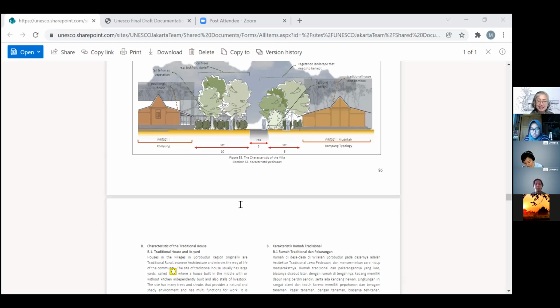So the house we have to explain in more detail. The typology is not only one building, it can be several buildings. I think we also have to mention the evolution, like in the drawing after this, where you can see there are 4 houses.